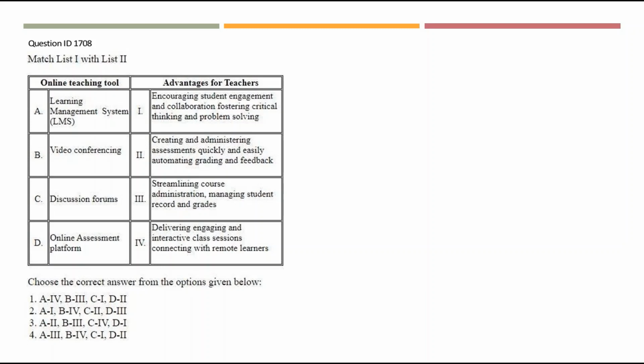Everything will be provided as a package. If we take LMS, what kind of advantage is it giving for the teachers? Streamlining course administration, managing student records and grades will be the apt advantage. So A is mapping to 3. The only option where A maps to 3 will be option number 4. The rest of the options are wrong.